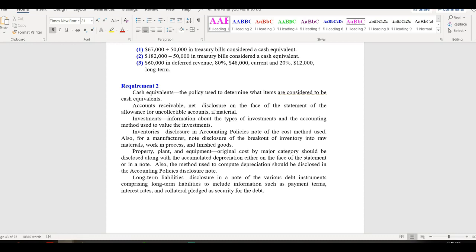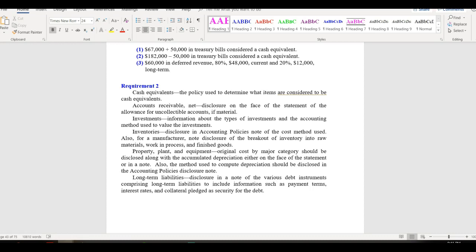For inventories, disclosure in the policies note of the cost method used, and if a manufacturer, the note disclosure of the breakout of inventory into raw materials, WIP, and finished goods. For PP&E, the original cost by major category is disclosed along with the accumulated depreciation, either on the statement or in a note. The method used to compute depreciation also.